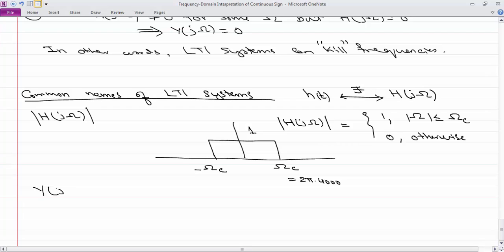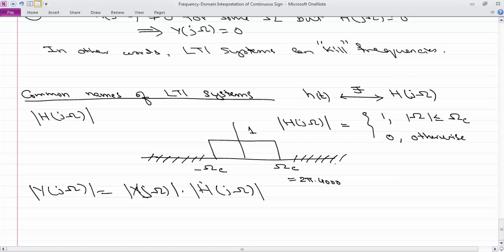So the absolute value of y of j omega is equal to the absolute value of x of j omega times the absolute value of h of j omega, which means that up to 4 kilohertz, it's going to let all the frequencies pass with no change in magnitude, and then what is it going to do? Outside the 4 kilohertz, it's going to kill off all the frequencies. This type of an LTI system is called a low-pass filter.